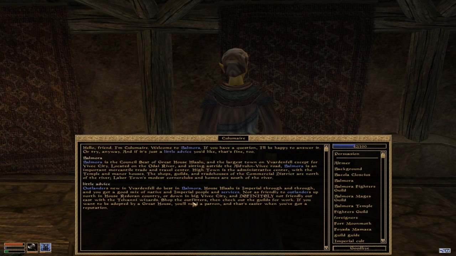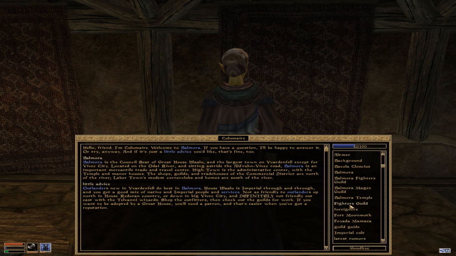Shop the outfitters, then check out the guilds for work. If you want to be adopted by a great house, you'll need a patron, and that's easier when you've got a reputation.